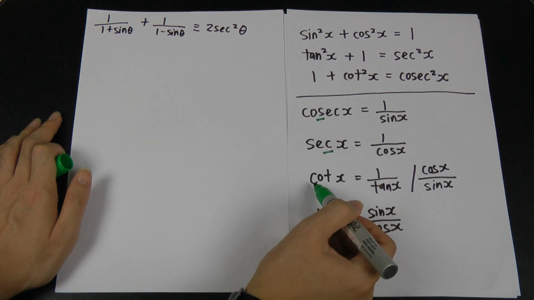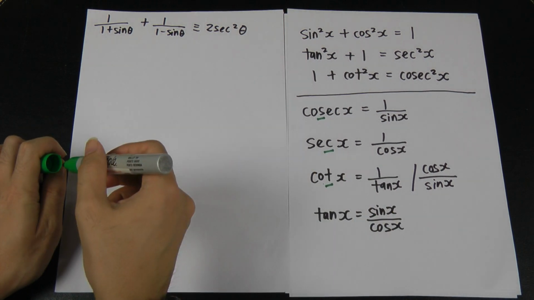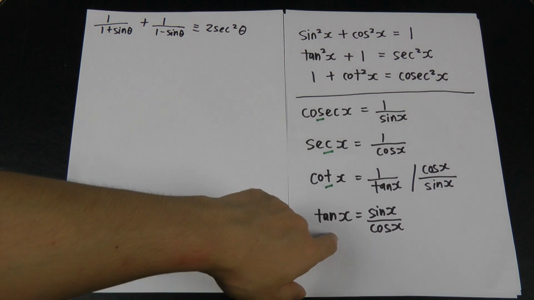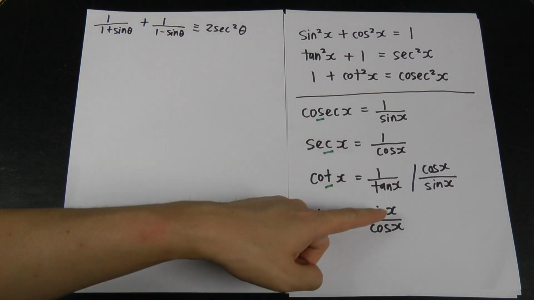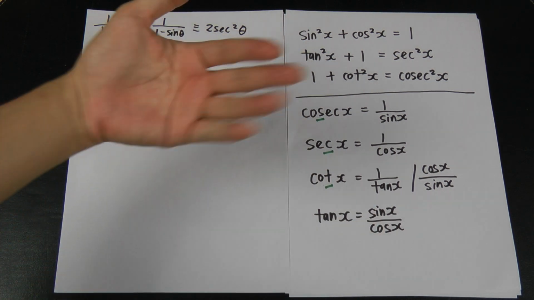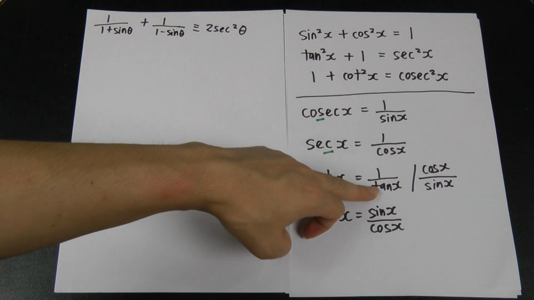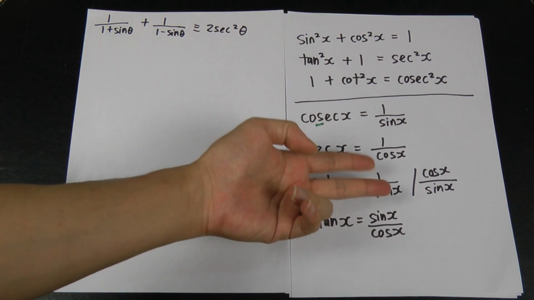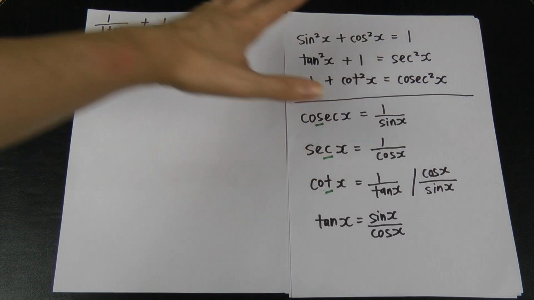Count again, 1, 2, 3, the third alphabet is T, this is 1 over tangent. So basically these three you remember. But the last one, tangent x equals sine x over cos x, is something you have to remember. Because cotangent is 1 over tangent, you imagine 1 over sine x over cos x equals cos x over sine x. It means I just flip over the bottom and then multiply. So the formula is here.